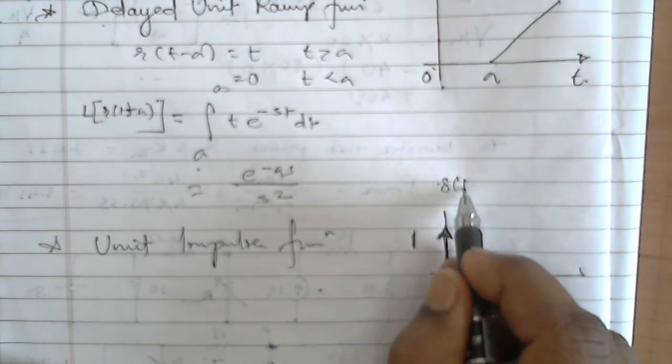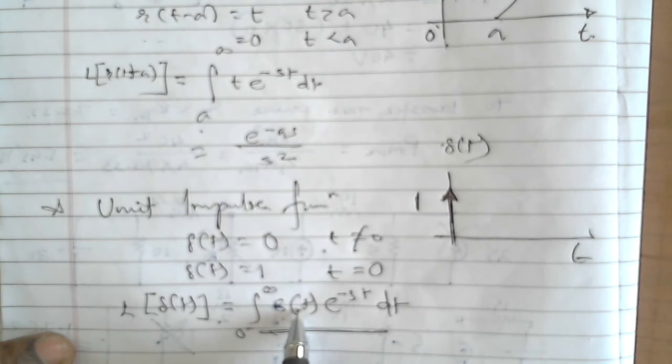Now you can similarly find it for the unit impulse function. There are several functions. How to solve it for the unit impulse function? Impulse function means you will get a single impulse here. So it only has value 1. This is del of t, this is t. Right? So del of t equals 0 for t not equal to 0, and del of t equals 1 for t equal to 0.